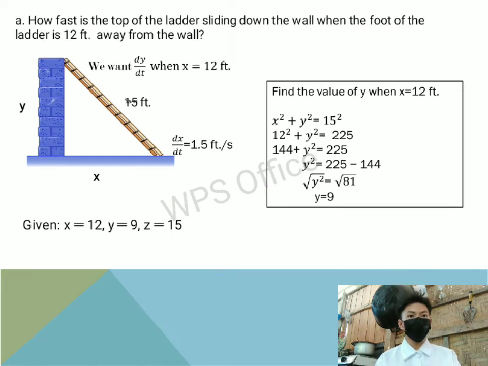How fast is the top of the ladder sliding down the wall when the foot of the ladder is 12 feet away from the wall? We want dy over dt when x is equal to 12 feet.